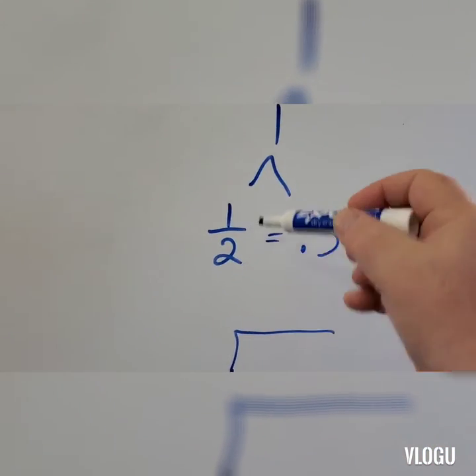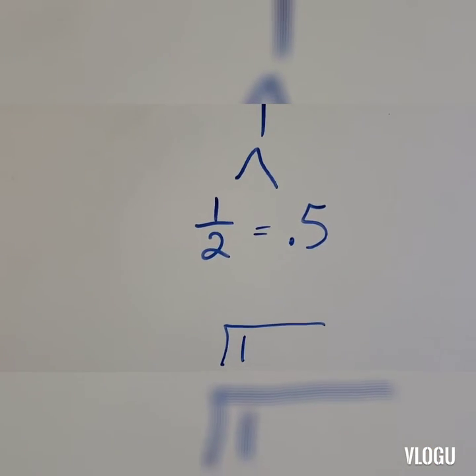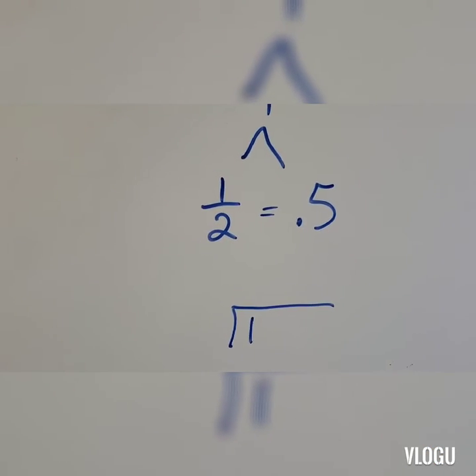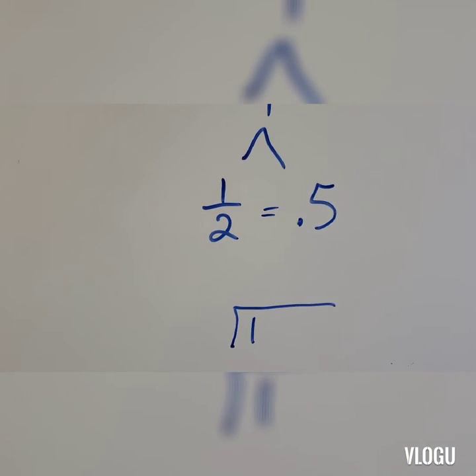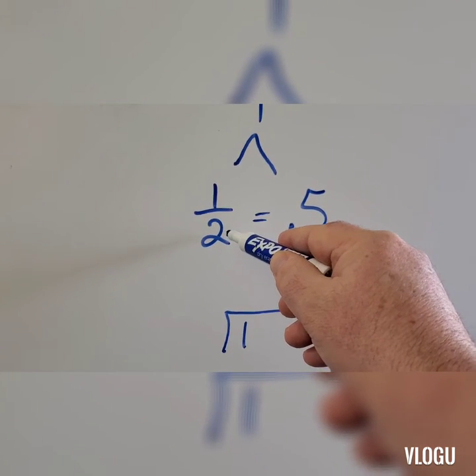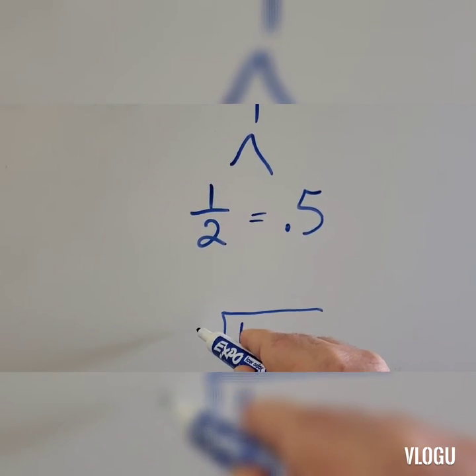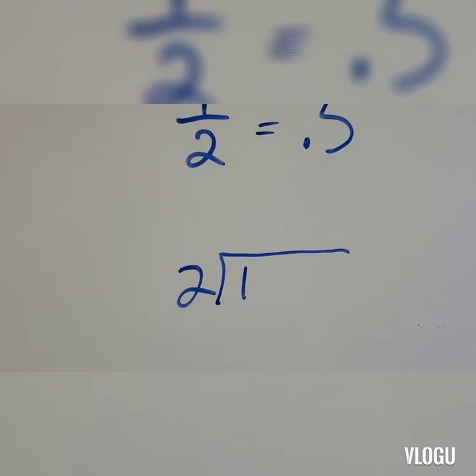The pieces that we have is always the dividend. It always comes under the divisor, or under the division bar. The denominator is always the divisor. So our problem looks like this.